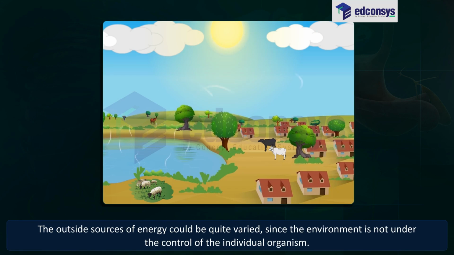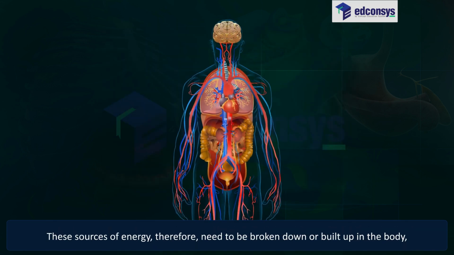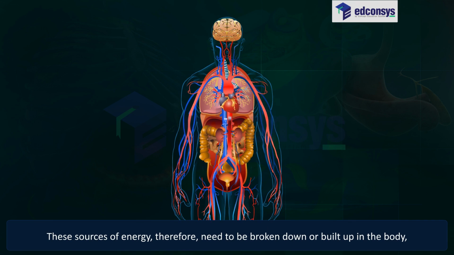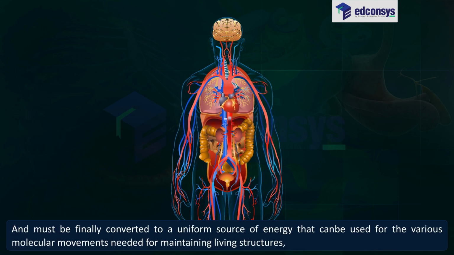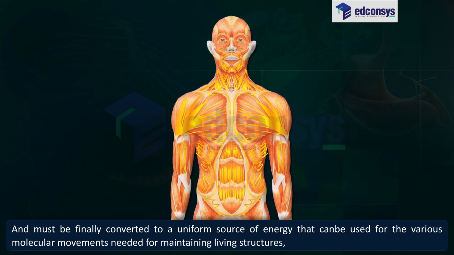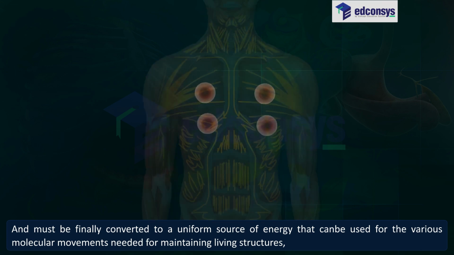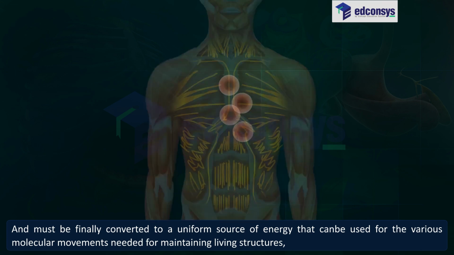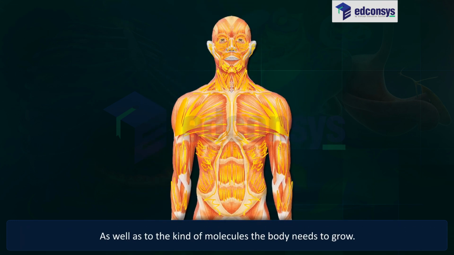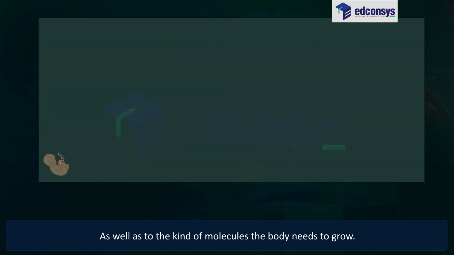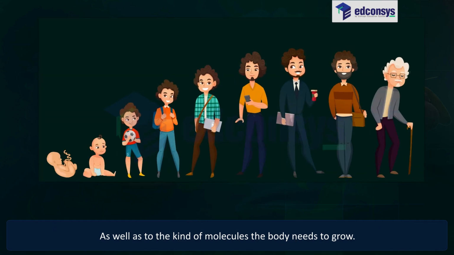The outside sources of energy could be quite varied since the environment is not under the control of the individual organism. These sources of energy, therefore, need to be broken down or built up in the body and must be finally converted to a uniform source of energy that can be used for the various molecular movements needed for maintaining living structures, as well as to the kind of molecules the body needs to grow.